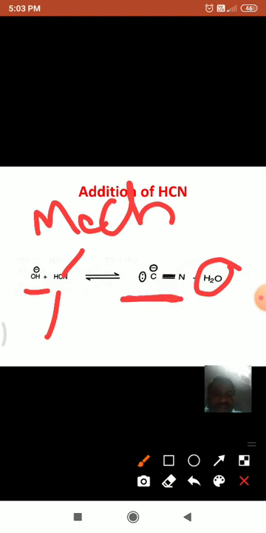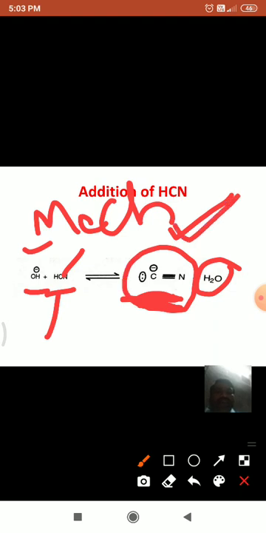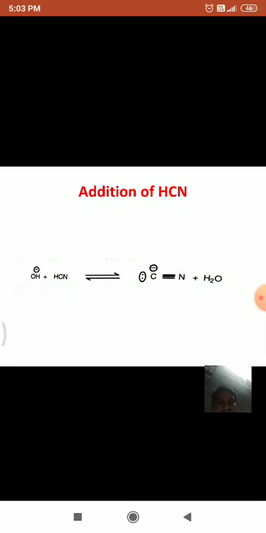This formed cyanide ion acts as a nucleophile. That means in the presence of base, hydrogen cyanide forms cyanide ion, which acts as a nucleophile in this reaction. This is the first step, that is formation of cyanide ion in the presence of basic conditions.